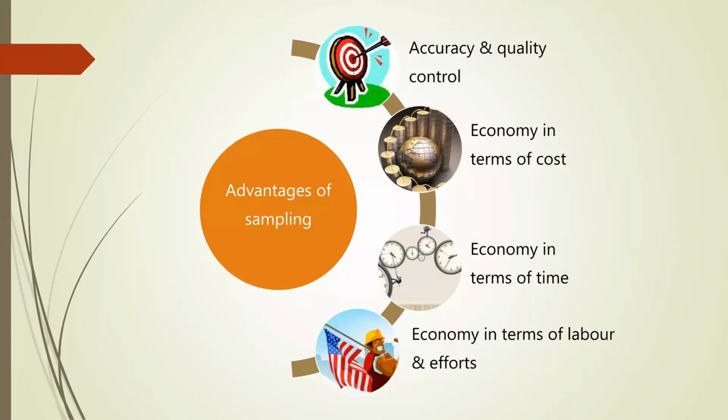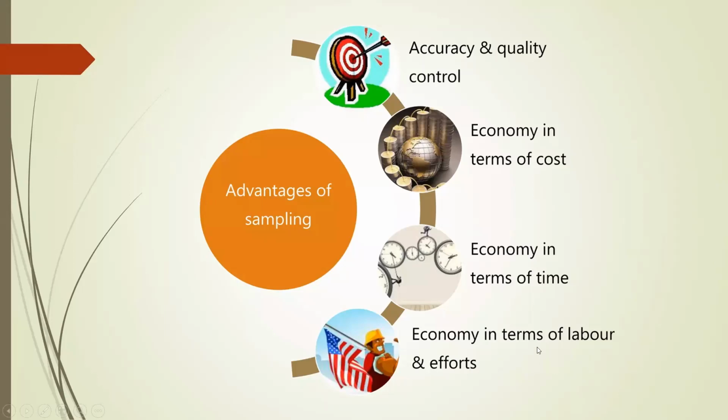Cost wise, it is more economic, and also economy in terms of time. If you want to study the whole population, it is very time consuming. As compared to that, it is time saving when you are taking a sample, and economy in terms of labor and effort too.